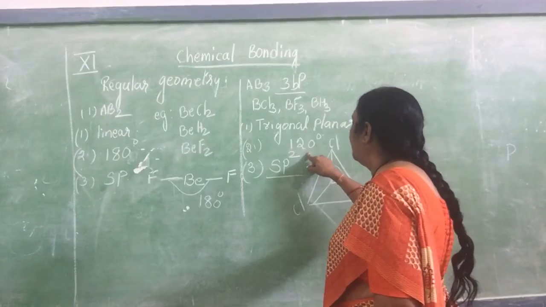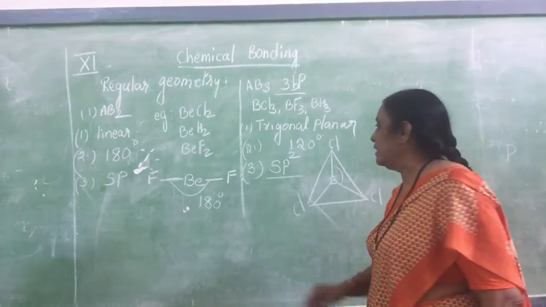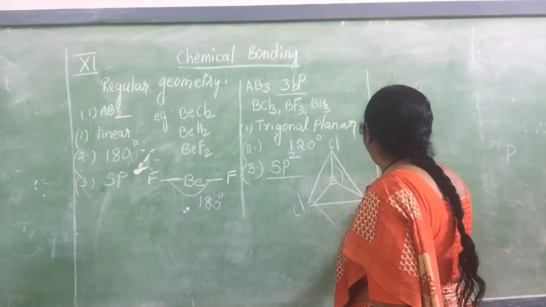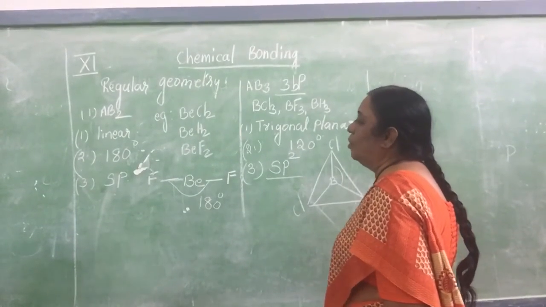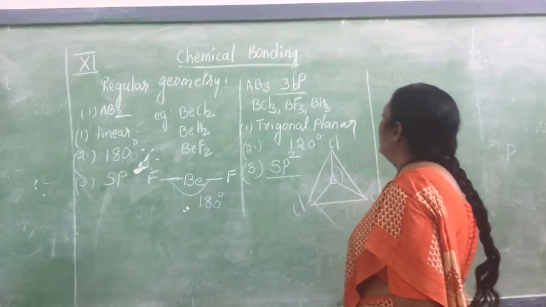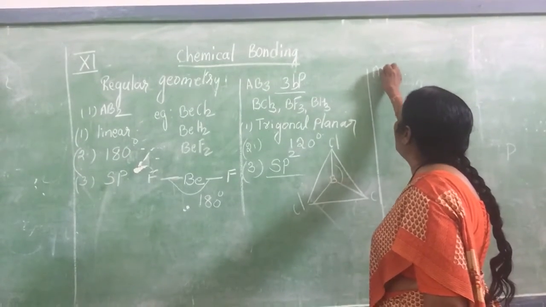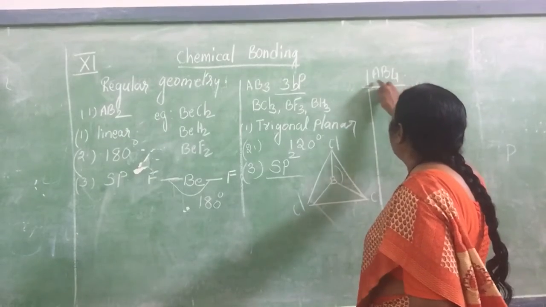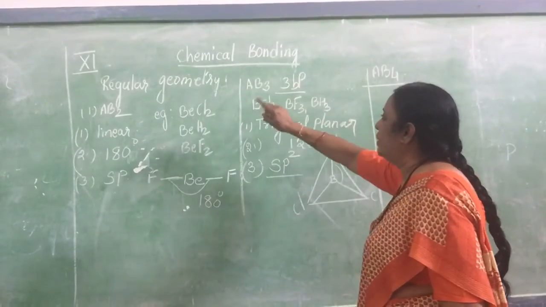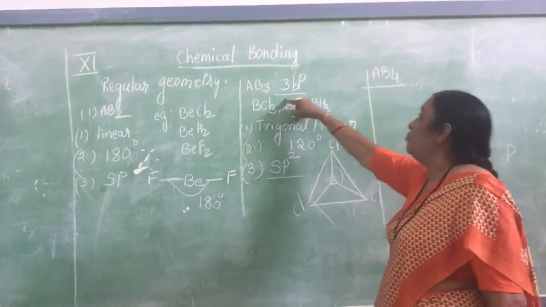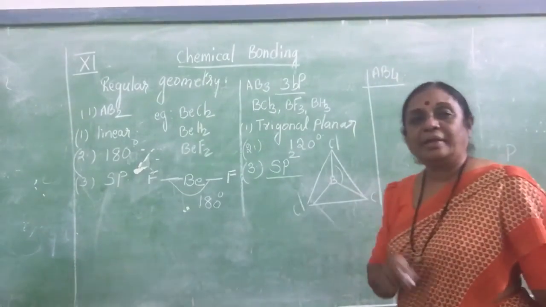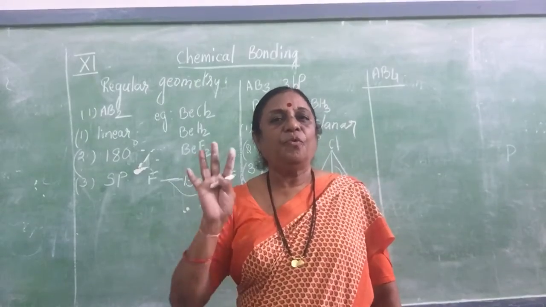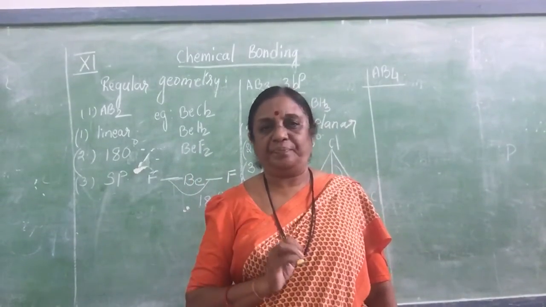Bond angle 120. Hybridization sp2. Is it clear, children? You followed? Please note down in your copy. Now next, AB4. You already followed what we mean by AB2 and AB3. AB4: one atom of A reacts with 4 atoms of B.